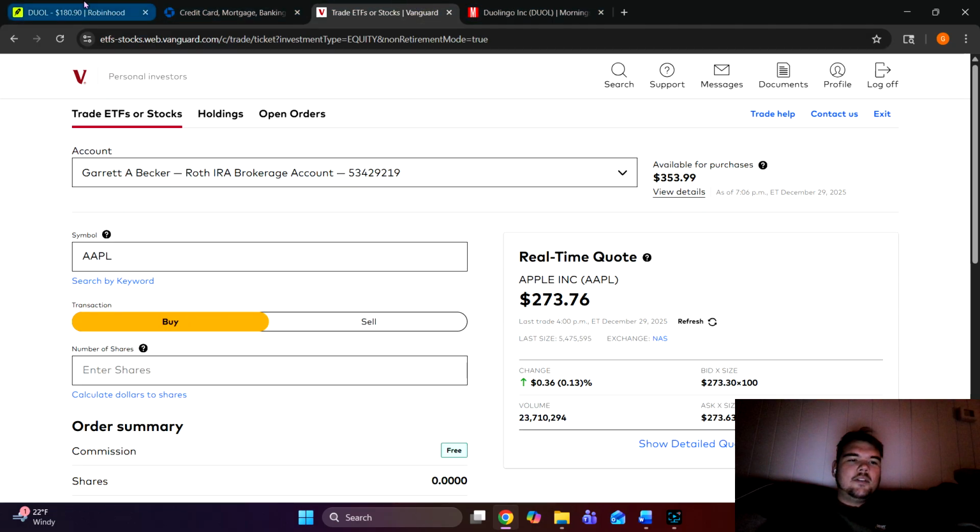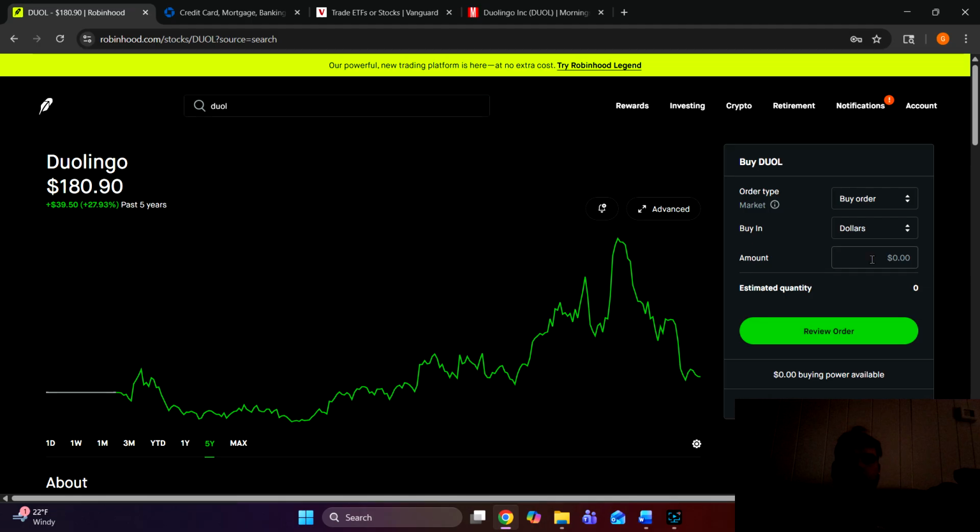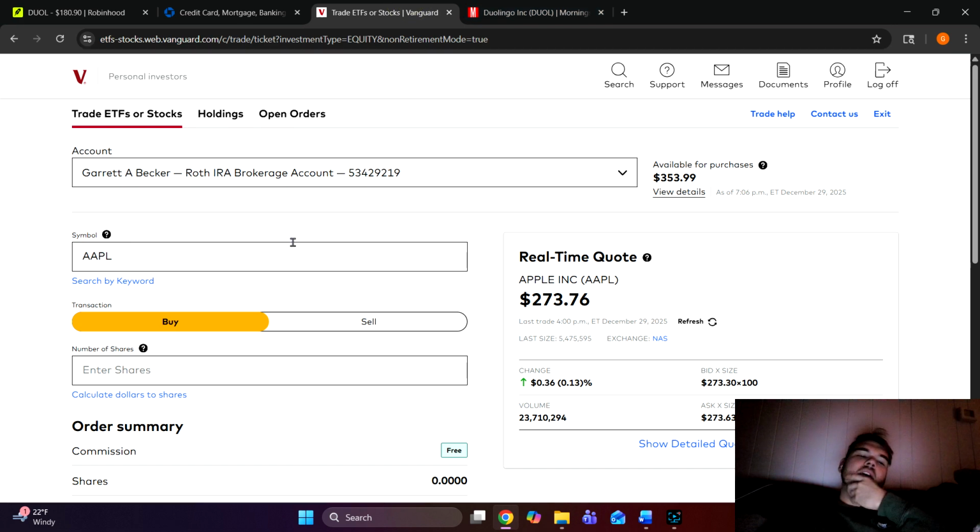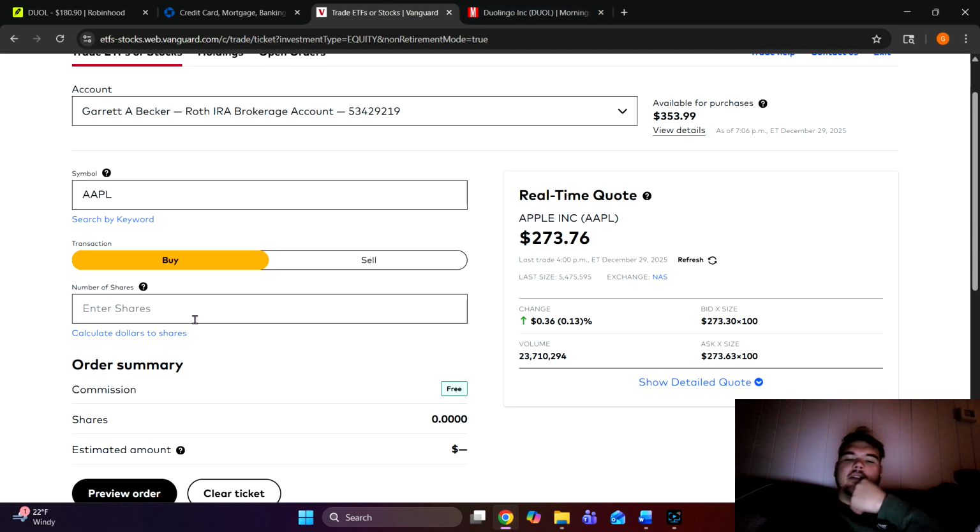It's a lot easier to allocate your funds when you can buy in dollar amounts than if you have to buy in shares. Because if you have to buy in shares, sometimes a stock price can be $900, and you have to have $900 in order to buy that company. So that's just something to keep in mind.